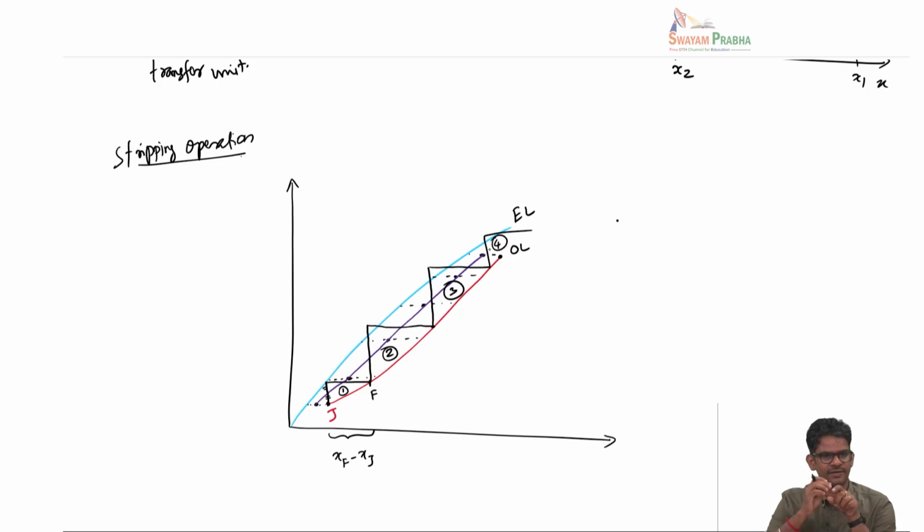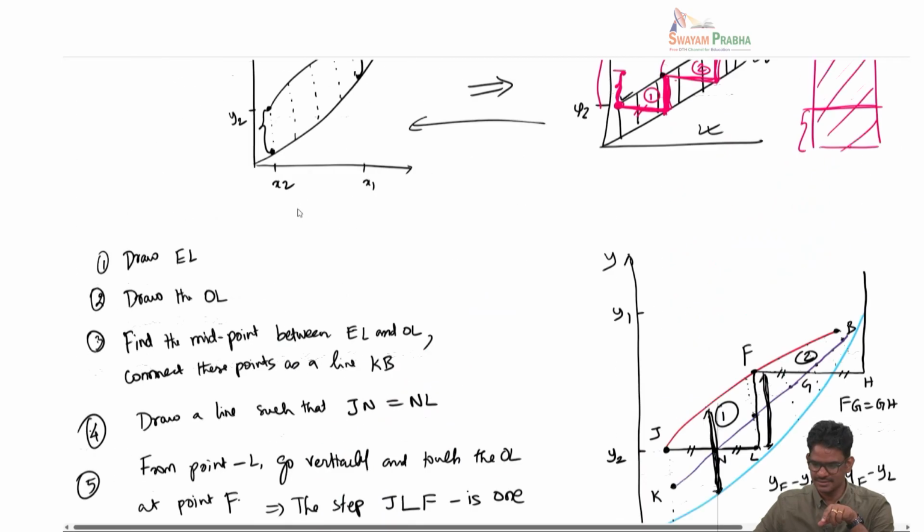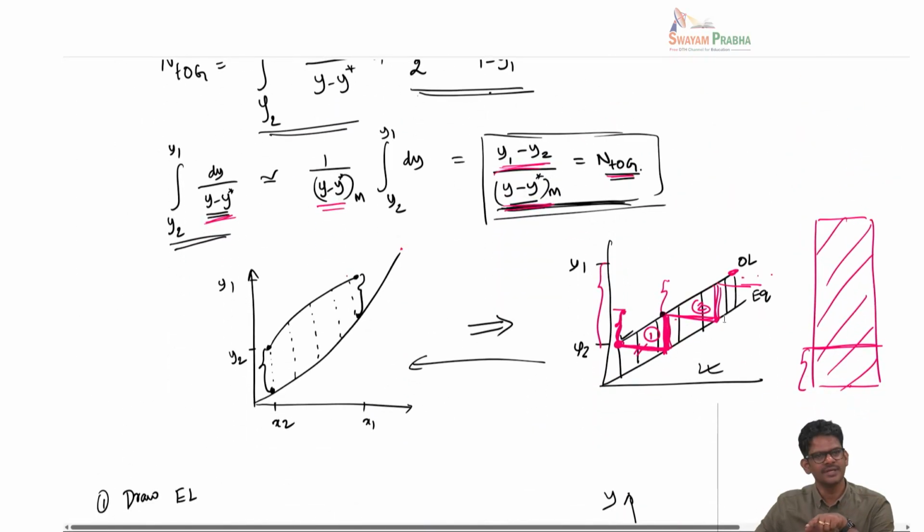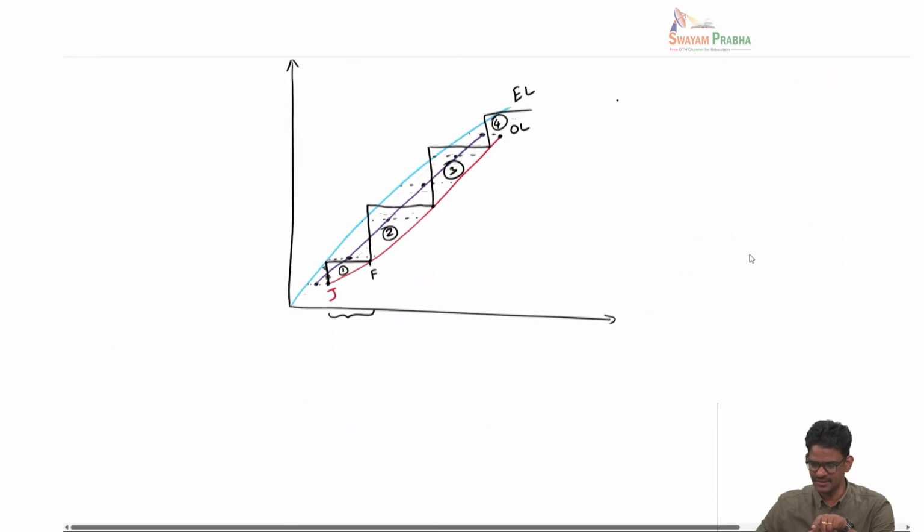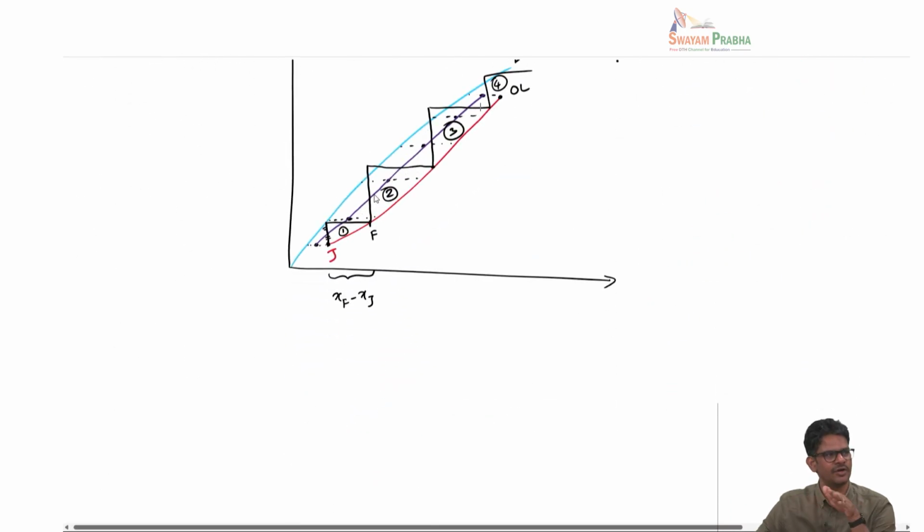If the driving force is constant, then the steps will all have the same size, like I showed here. In this particular case where the two lines are exactly parallel, the driving forces are equal, so the steps will have exactly the same size. But where the driving force keeps changing along the column, the step size becomes smaller and bigger depending upon the driving force.